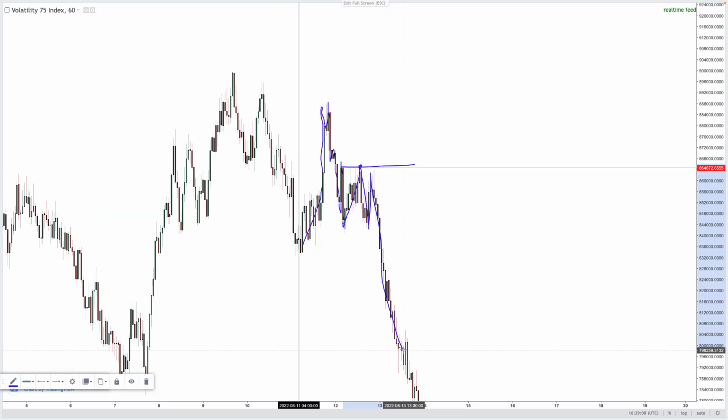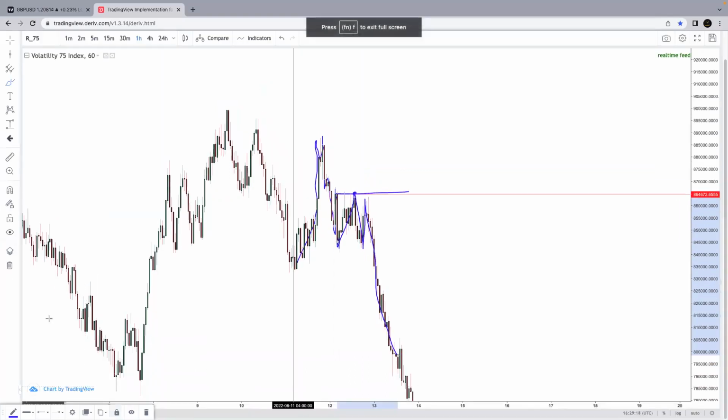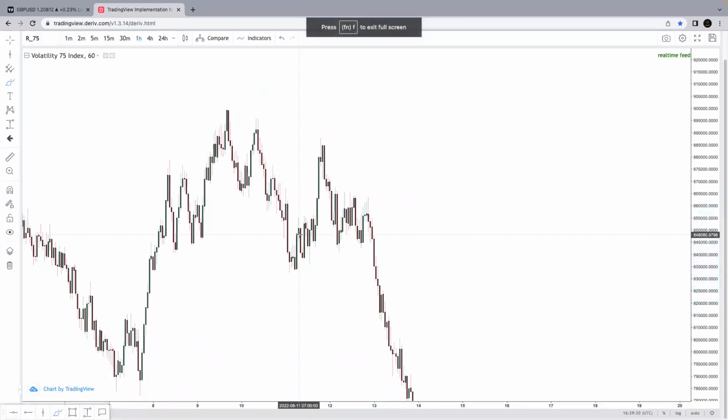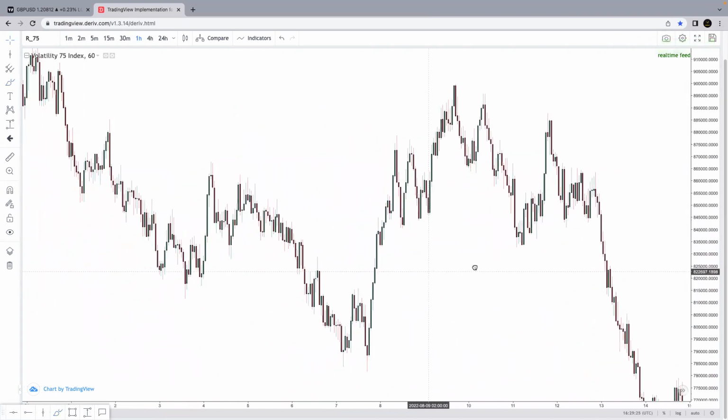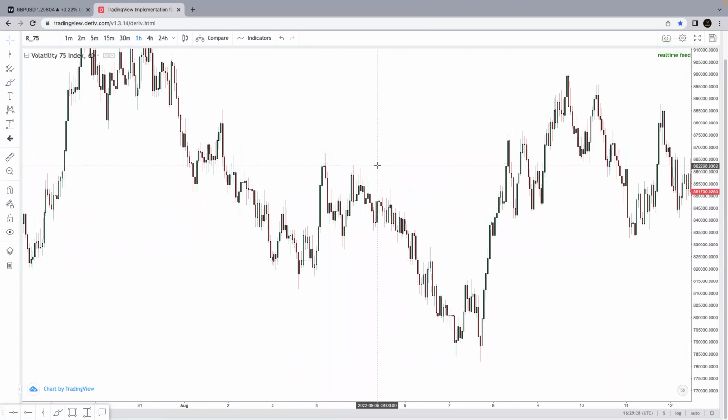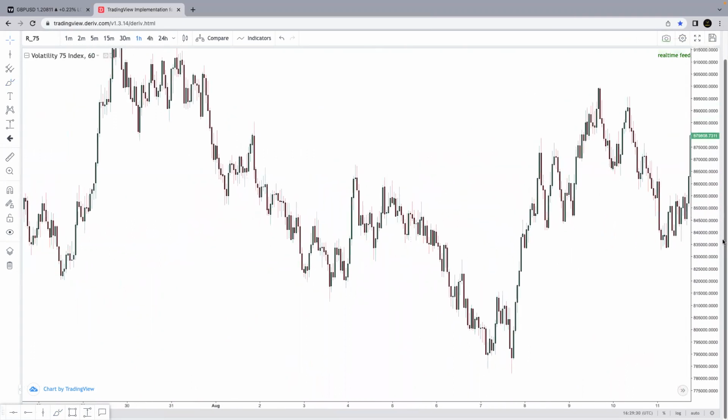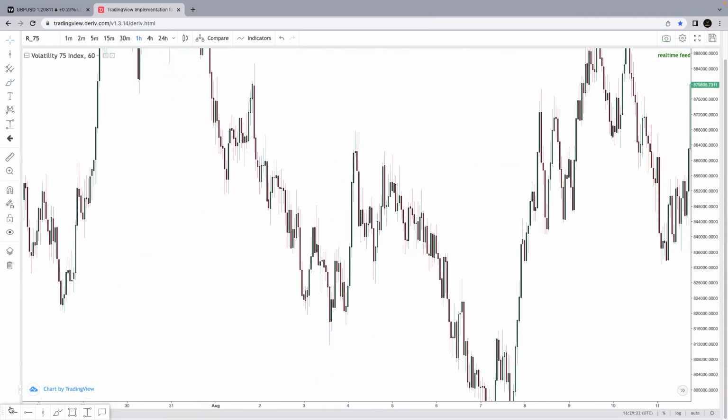Let me show you more examples, so that it can be more clear to you. Also, right here, let's try to see if price made a retest.